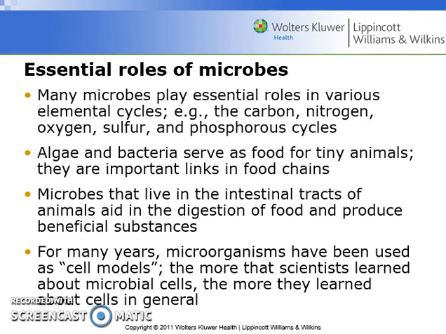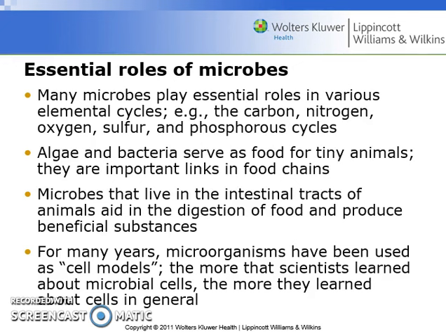So microorganisms have some very specific roles. They help assist in elemental cycles, such as the carbon cycle, the nitrogen cycle, oxygen, sulfur, and phosphorus cycles. They play a huge role in making sure that these chemical elements circulate and enable life to thrive, because we can't get away from these chemical elements.